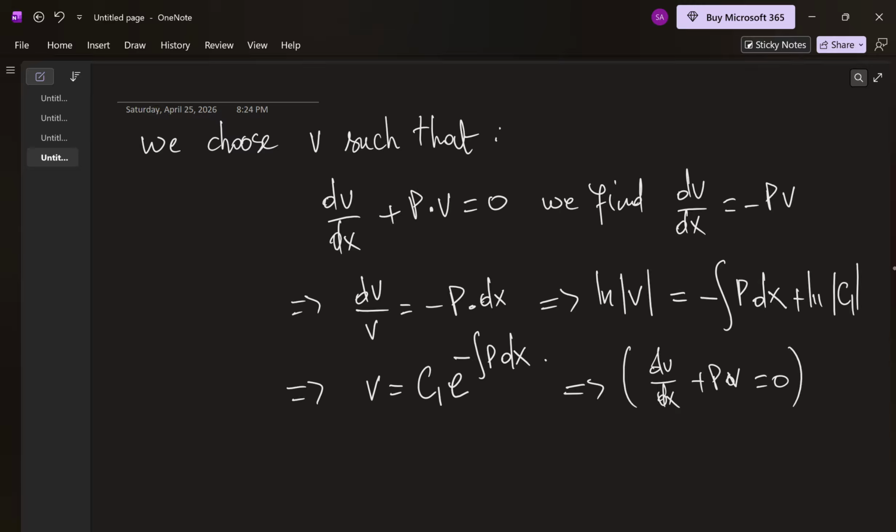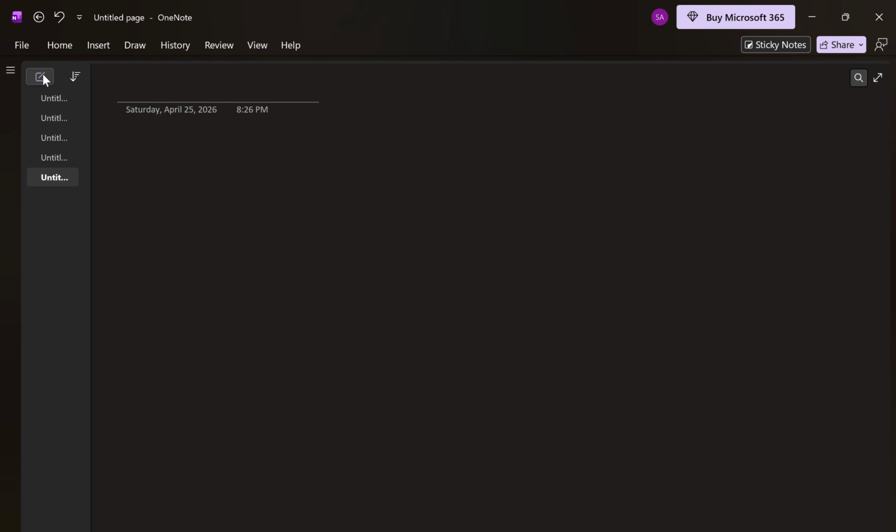We take the solution v simply with c equals 1, that is, the exponential of minus the integral of p dx. Okay, so now the next step is when we take this value of v, what you get finally.